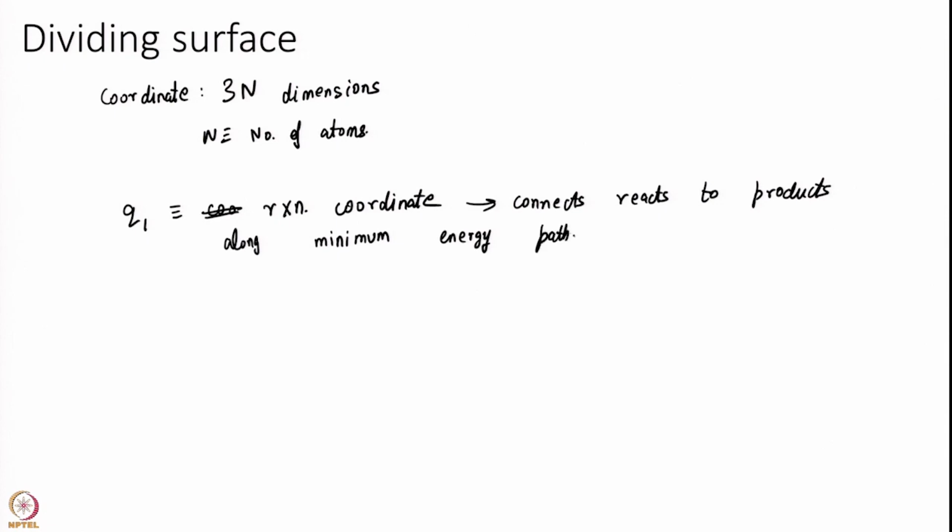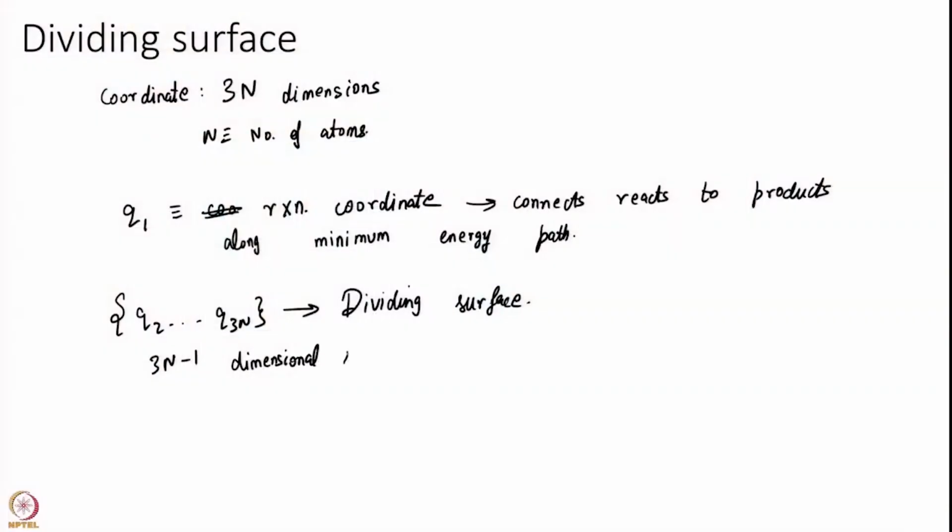So, that is one coordinate. Every other coordinate constitutes my dividing surface. So, I really have to be integrating the flux or this rate across a 3n minus 1 dimensional surface, passing through the transition state.